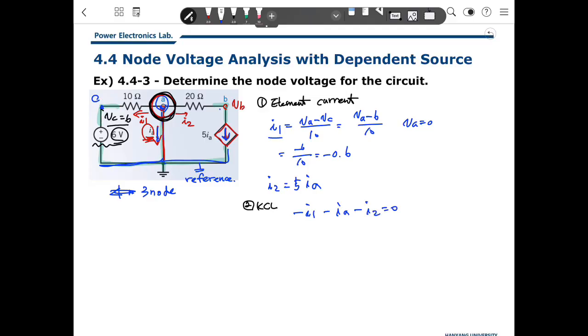Then I1 is minus 0.6 minus IA. I2 is 5 IA, so minus 5 IA will be 0. So 6 IA will be 0.6. Therefore IA will be 0.1.